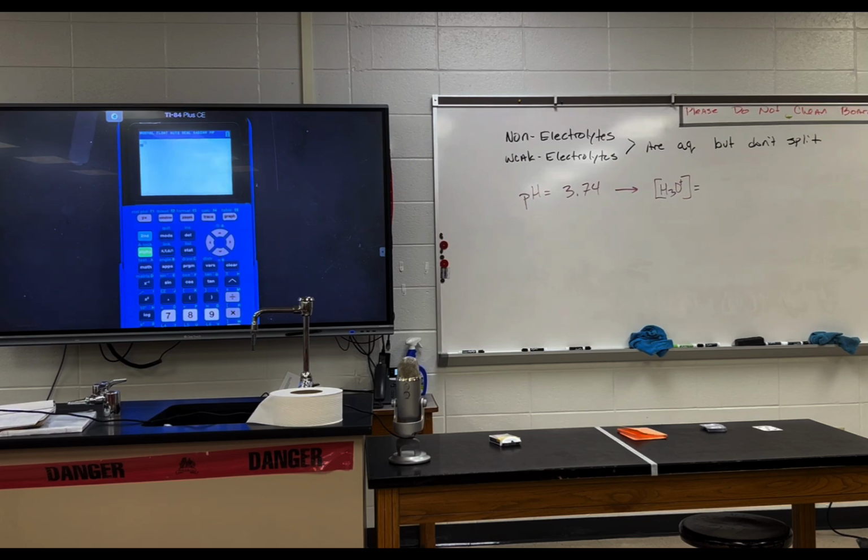So change the sign, make it negative. If it were negative, make it what? Positive. I'm going to try to stick with just positive values for pH and pOH, just to make life simple. Okay? So we would change the sign, make it negative, and we just type in 3.74, enter.